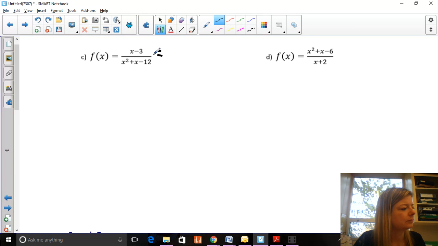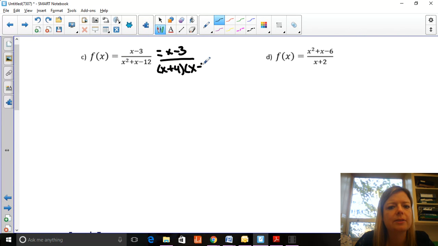So you get x minus 3 over x plus 4, x minus 3. Okay, so right away I notice that I have a hole at x equals 3, because these cross off and give me the function 1 over x plus 4.